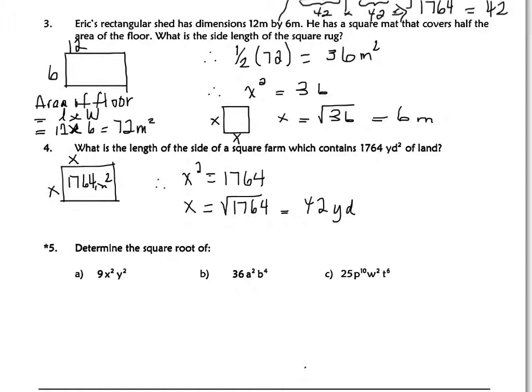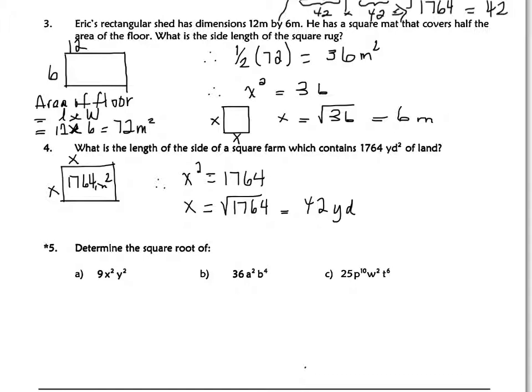Now question 5 has a star next to it, which means that it's a little bit more than what you need to know for the course, but if you're planning on going on to advanced math, or 2200, 3200, or doing the IB program, you should try these questions. So this one here basically is using the idea, just extending it to using variables.